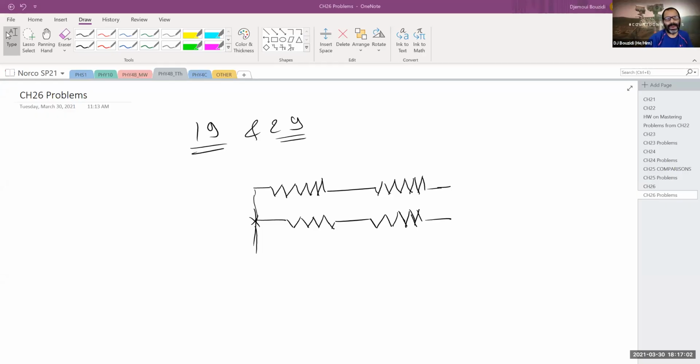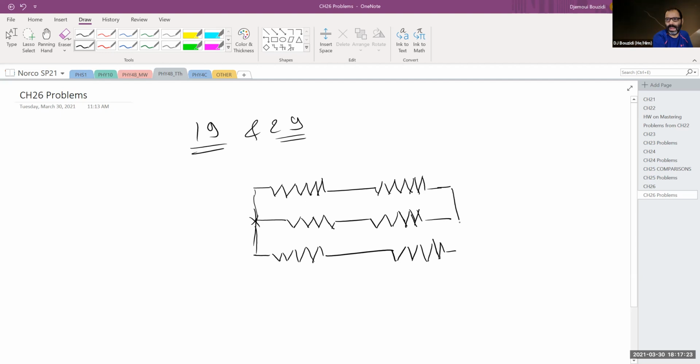Okay, so here is where we are. We have a junction, and in one branch we have two resistors in series. In another branch, we have two resistors in series. And there is a third branch where I also have two resistors in series. This is how this section of the circuit looks.